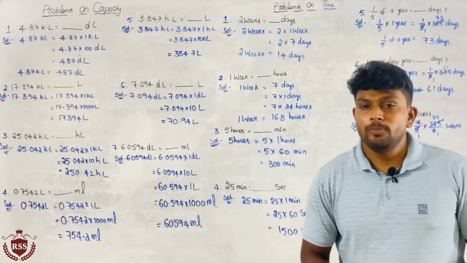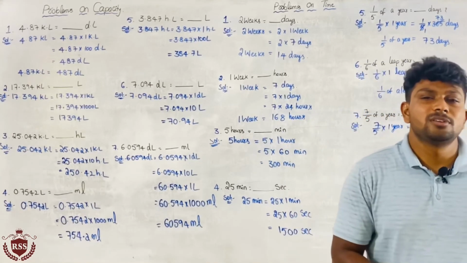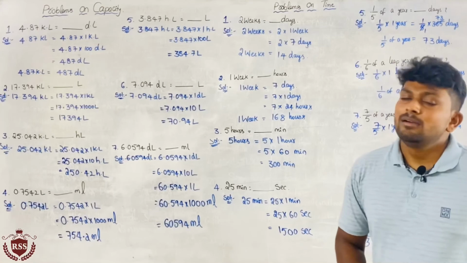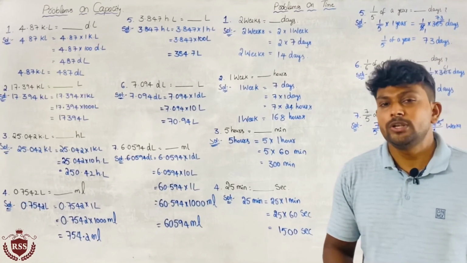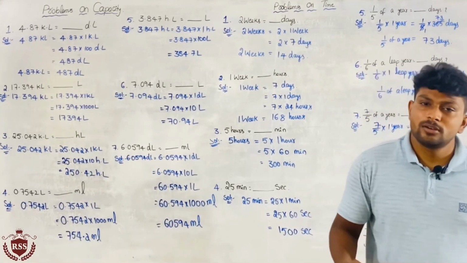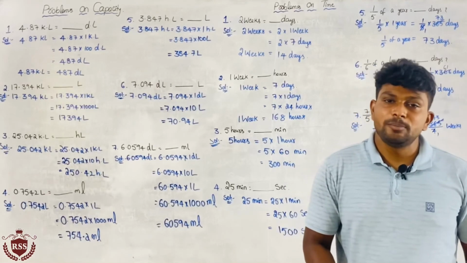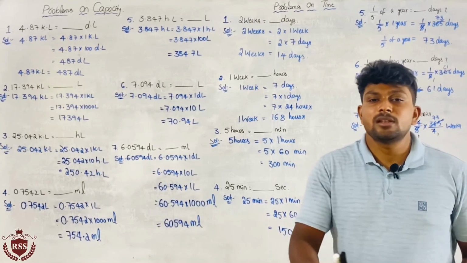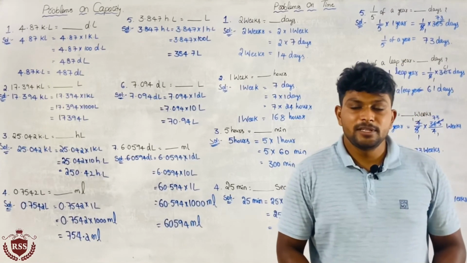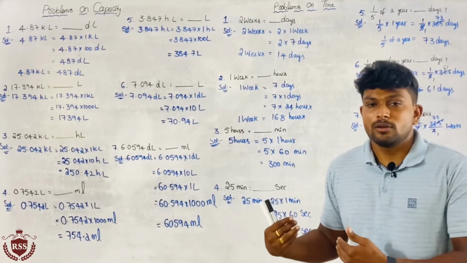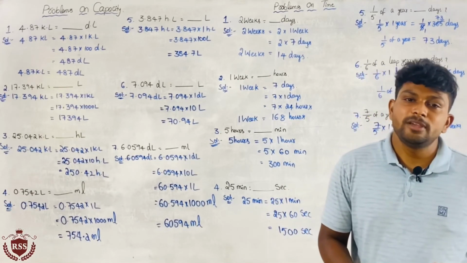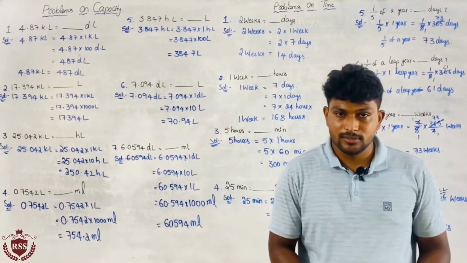Don't copy these questions into the book simply by seeing the board. You have to do it yourself and write them. That improves your confidence to the next level. So please be careful while you are listening to the class, and also while you are practicing.